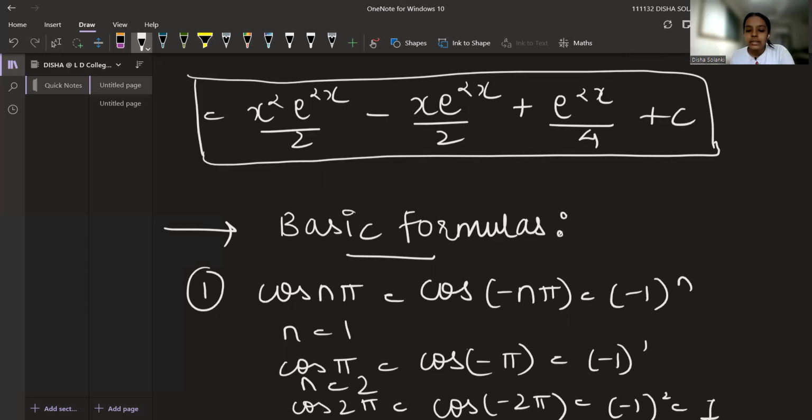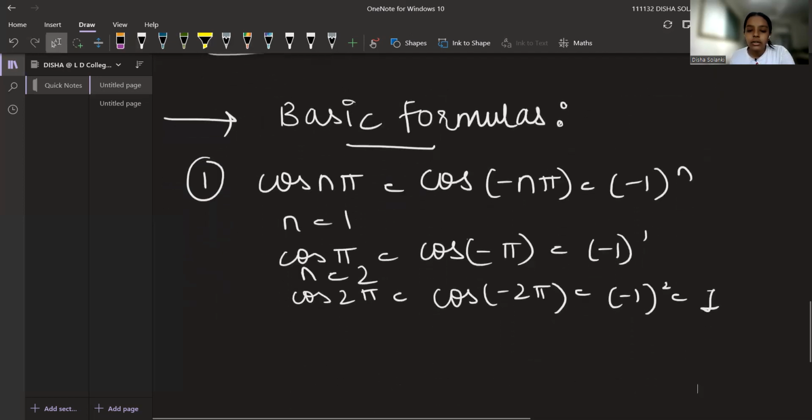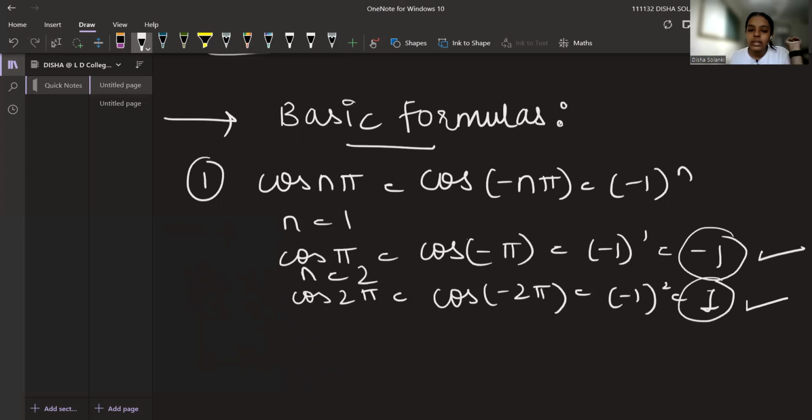So as you can see from here, if n is odd, then you will get minus 1 as the answer. And if n is even, then you will get 1 as our answer. The same applies for sine.